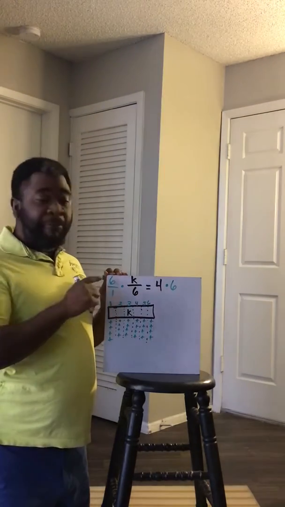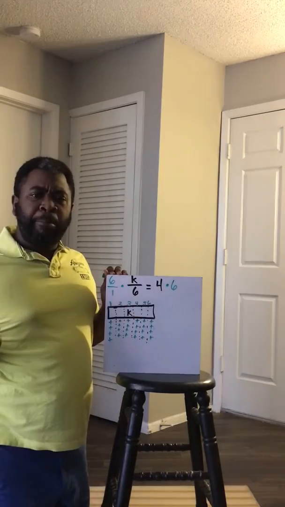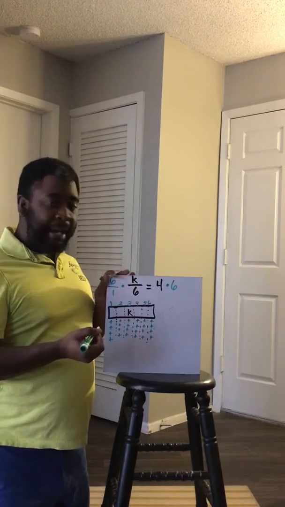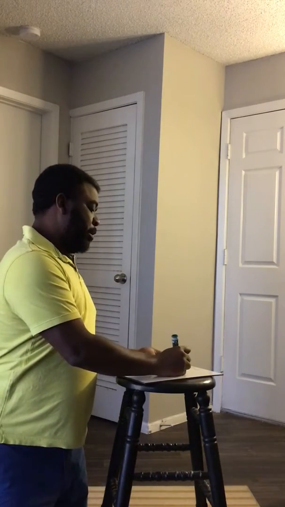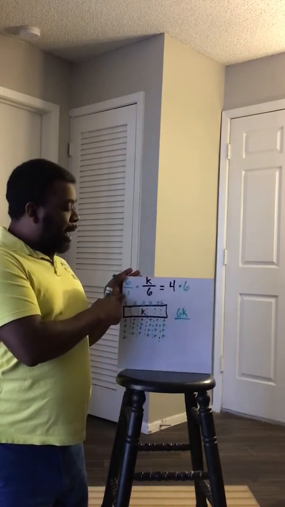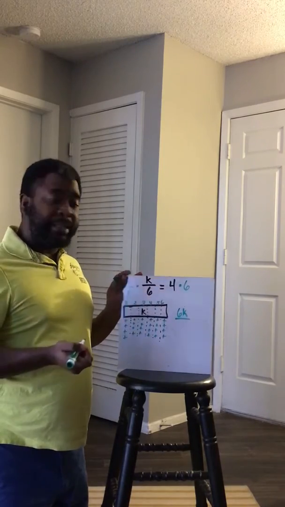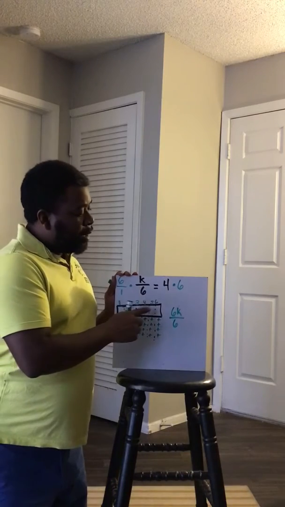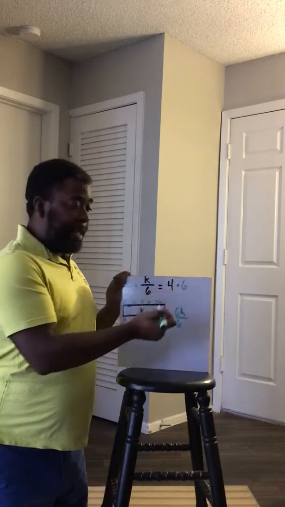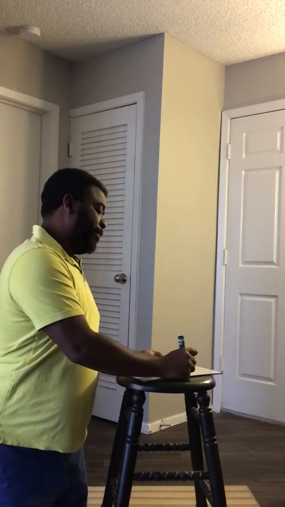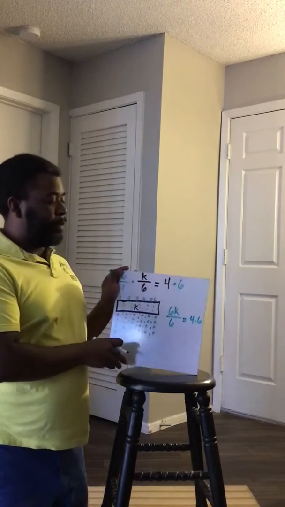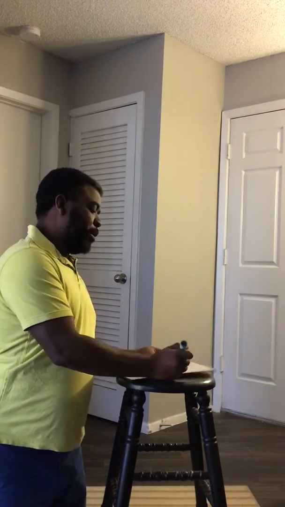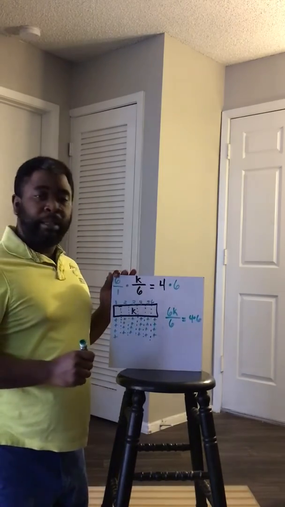Now I can multiply fractions, which we've already got a little bit of practice on. Numerator times numerator leaves me with 6 times k. Denominator times denominator is 1 times 6. And that should equal 4 times 6.